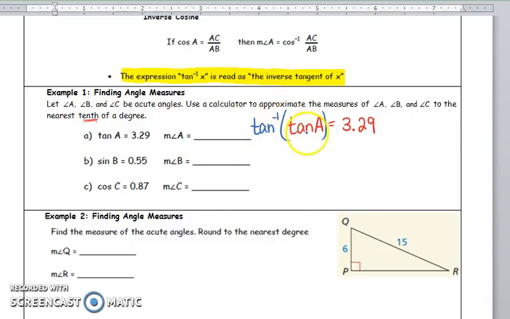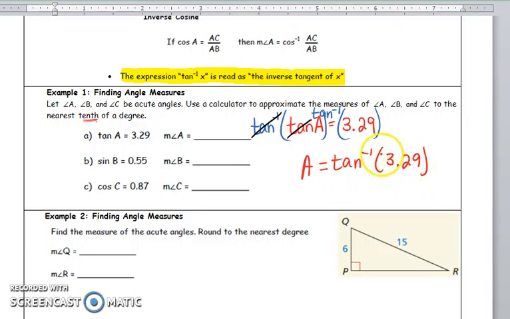So when I take the inverse tan of the left-hand side, inverse tangent and tangent cancel each other out, and I'm left with A. And then don't forget the rule of solving any equation. Whatever you do to the left, you must also do to the right. So I'm basically still going to take the inverse tangent of 3.29. So that means the measure of angle A is the inverse tangent of 3.29.